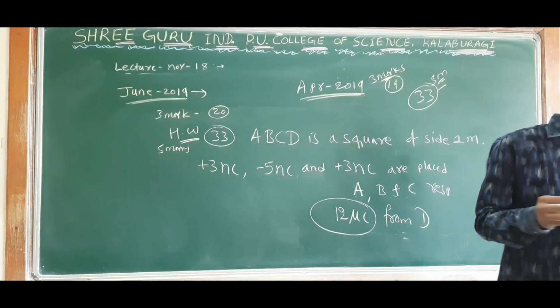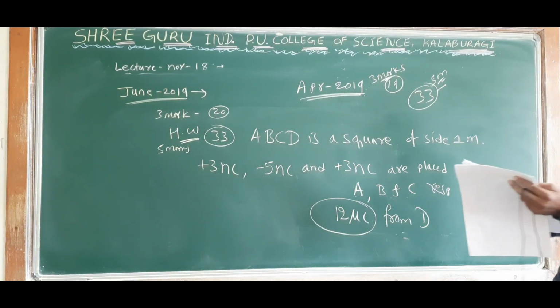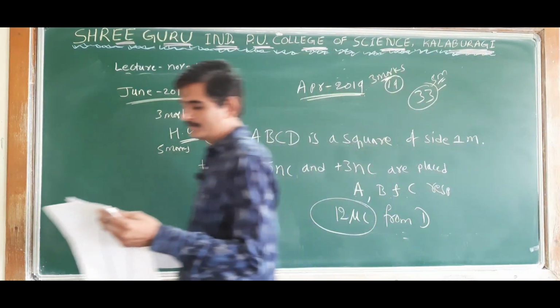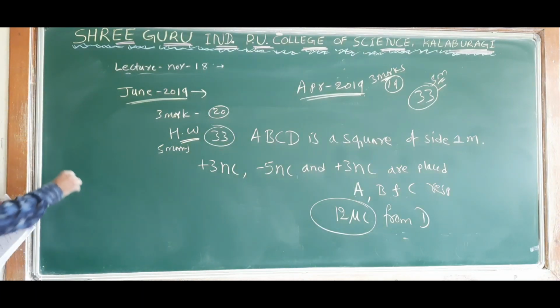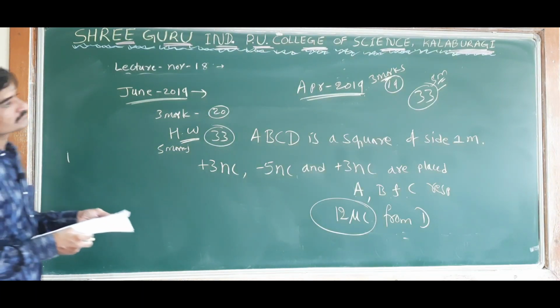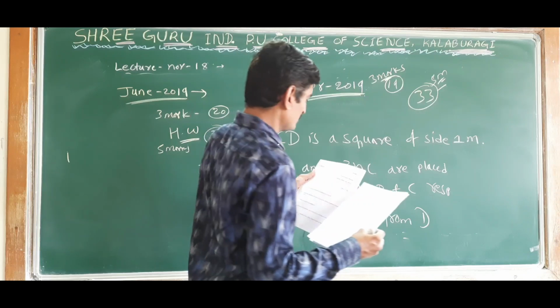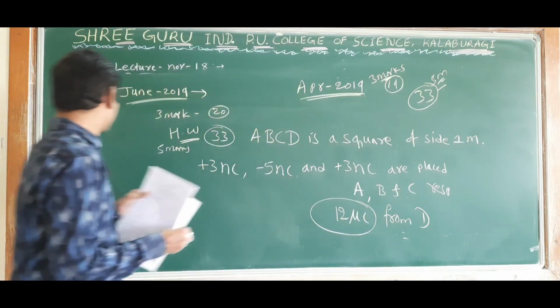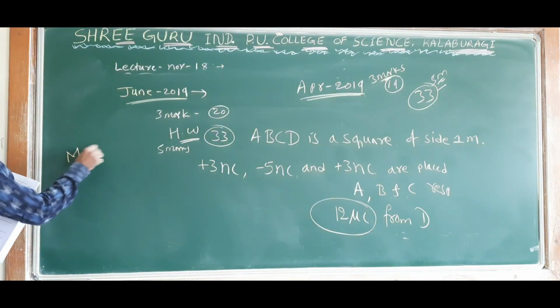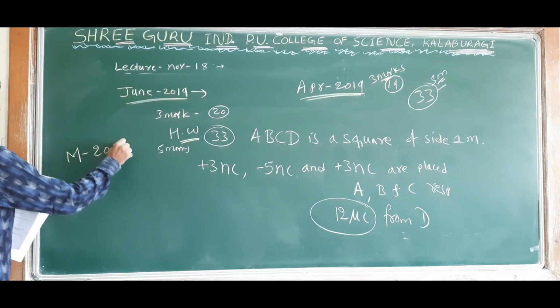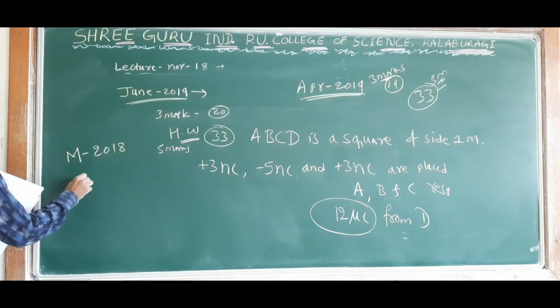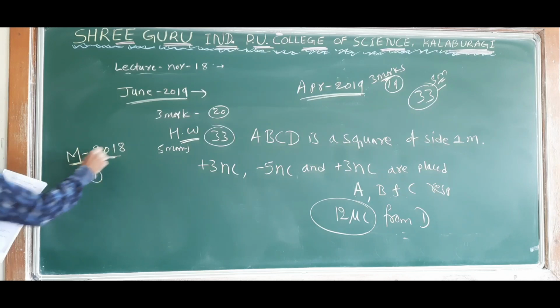Okay, no problem. Next question paper. Write down, this is 2018. No, this is April. So okay, this is March 2018.